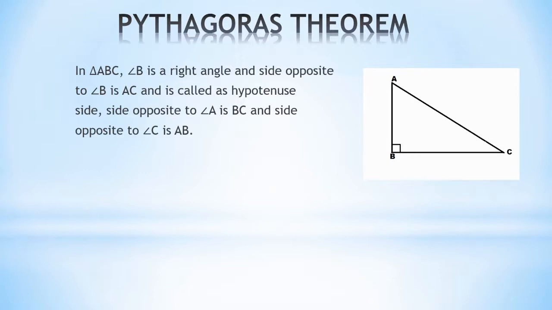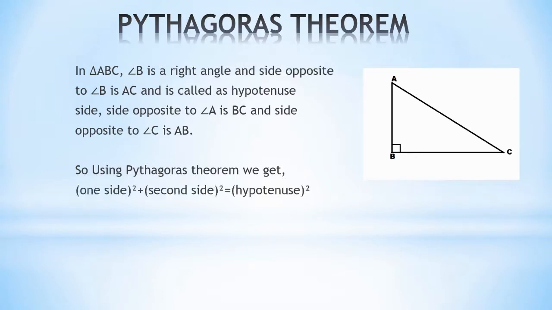So, in triangle ABC, angle B is a right angle and the side opposite to angle B is AC, which is called the hypotenuse side. The side opposite to angle A is BC and the side opposite to angle C is AB. By using Pythagoras theorem, we get one side square plus second side square is equal to hypotenuse square.